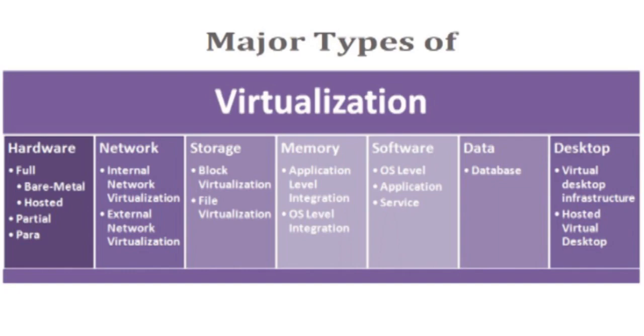Then it is partial and para. Then for network, it is internal network virtualization and external network virtualization. Then for storage, it is block virtualization and file virtualization. When it is memory, it is application level integration, and next is OS level integration.